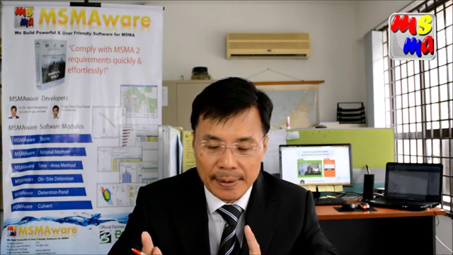In MSMA 1, major storm is 100 years for open space. In MSMA 2, sports field is 20 years for major storm. So from 100, it has reduced to 20. And this is the only reduction in MSMA 2, as far as the ARI is concerned.